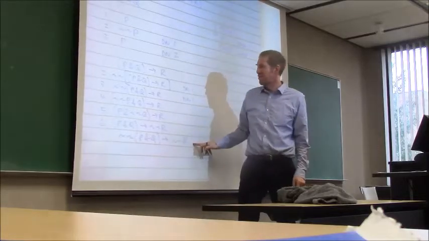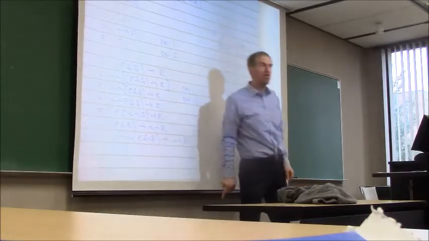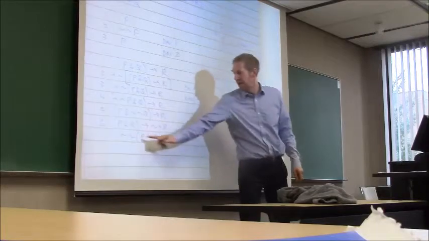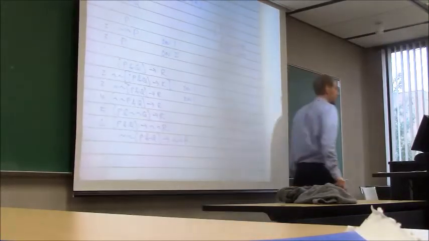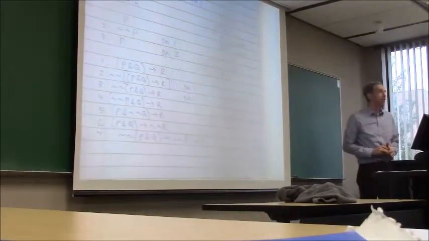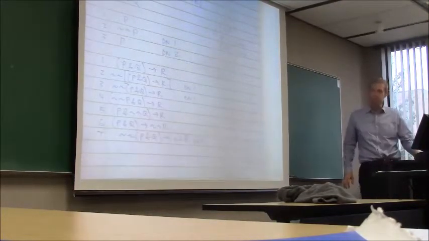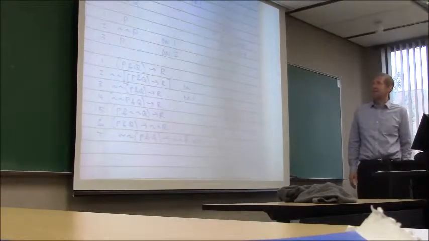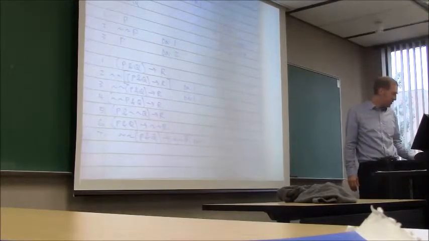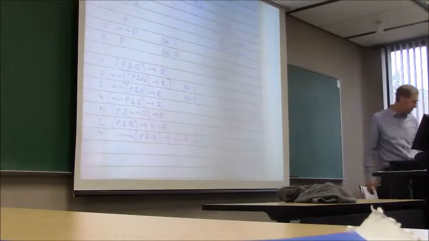But if I said this came from double negation to line 6, then that would be okay because then I've only added one set of double negations. Let's write that. Okay so far? Make sense? All right.